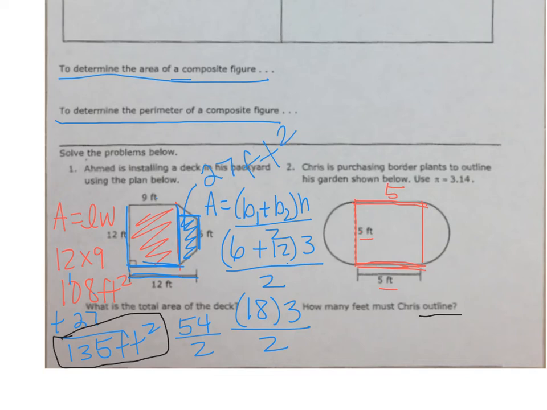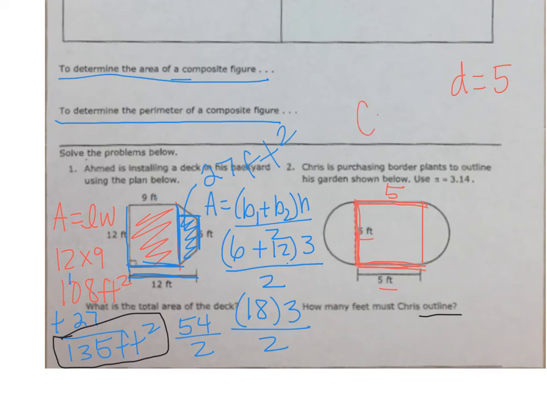So now we can use this 5 as what dimension of the circle? Yes, that's correct. It's D, which is the diameter.